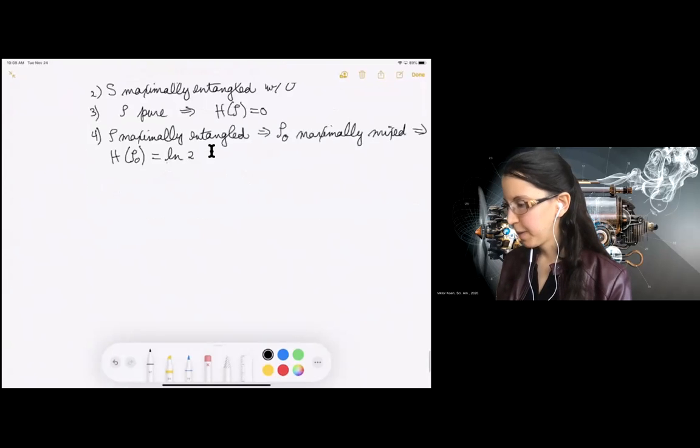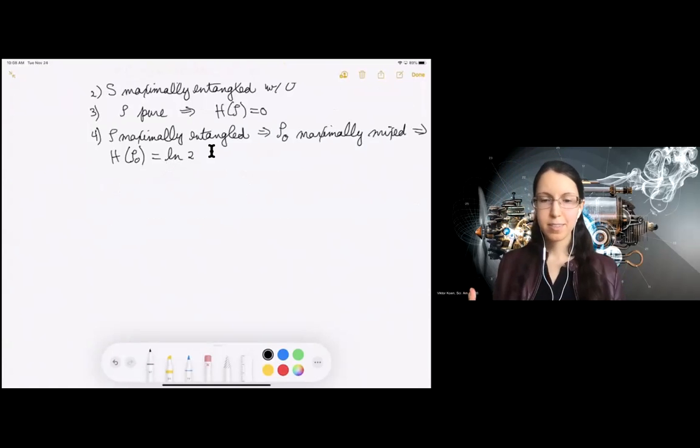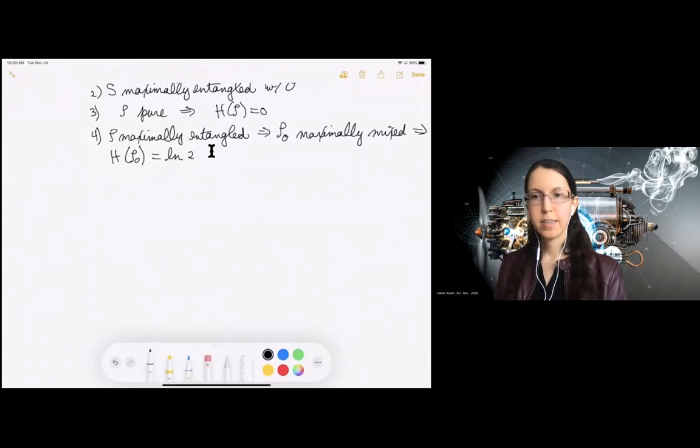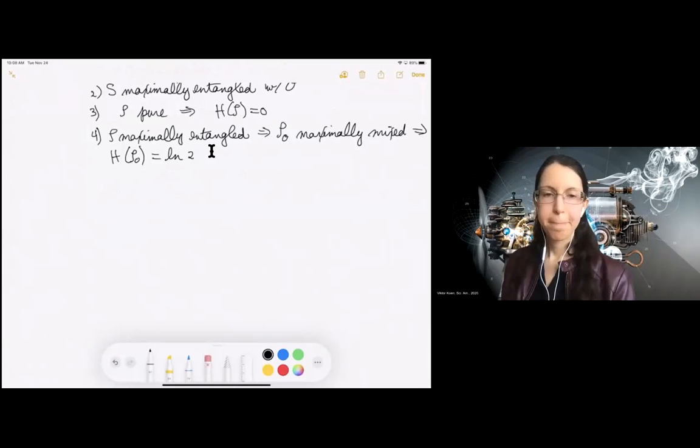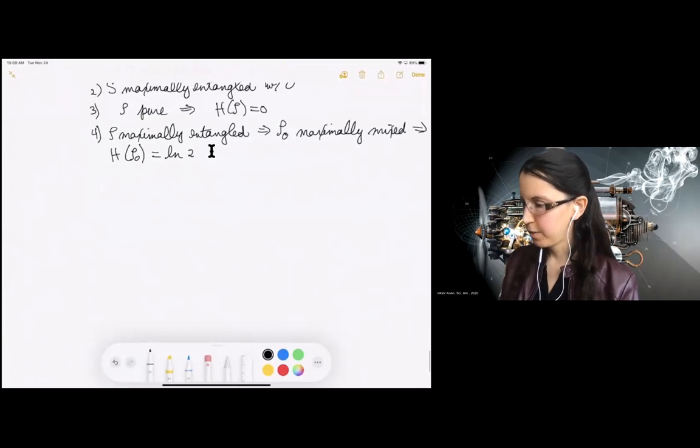I'm now using base e because we're doing thermodynamics. And so counting entropies in nats, namely the unit of information when you use base e in an entropy, is useful, as we'll see in a future homework problem.